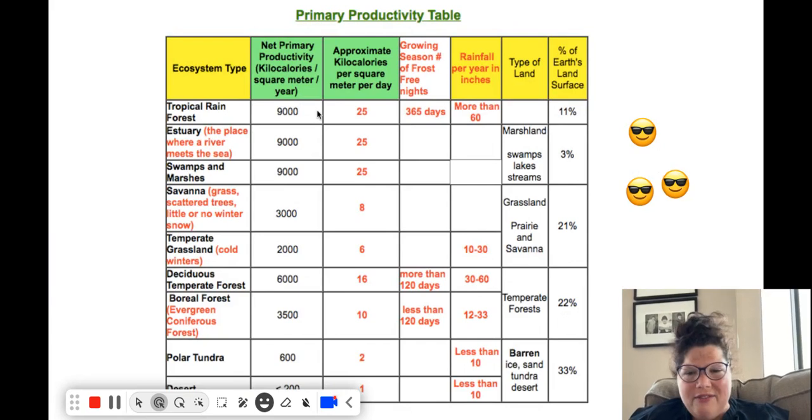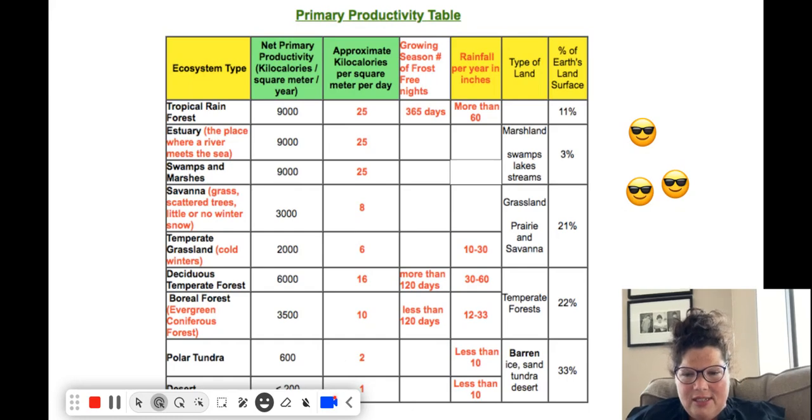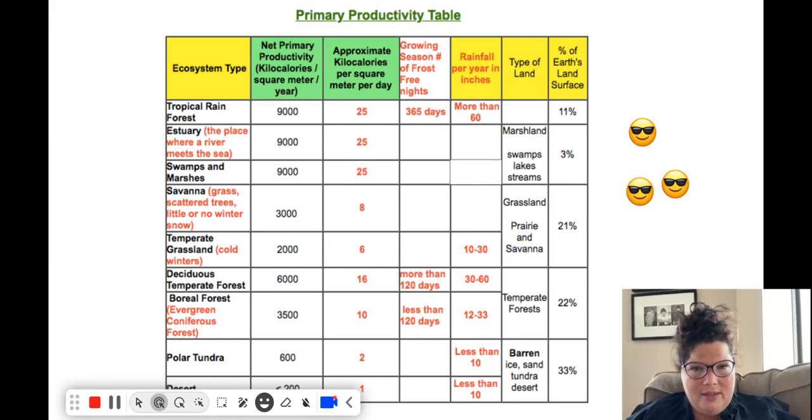All right, so here's kind of a summary of all of it. You can see the differences in the net primary productivity, 200 for the desert, where the tropical rainforest is up at 9,000. Major differences here, but we need to understand roughly the rainfall and how these ecosystems and these biomes are created.